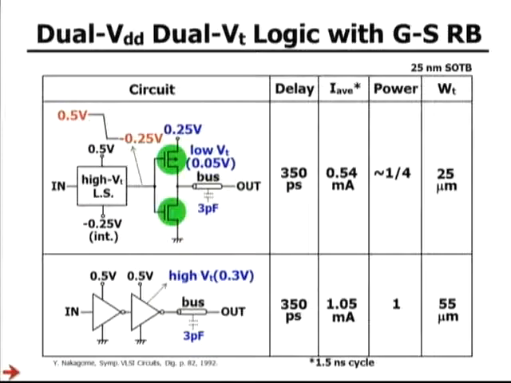Dual VDD, dual VT logic with gate source reverse biasing is exemplified by the upper bus driver comprising 0.5 volt high VT level shifter and 0.25 volt low VT CMOS inverter to drive a heavy capacitance of 3 picofarad.